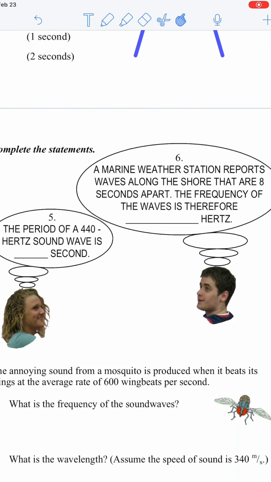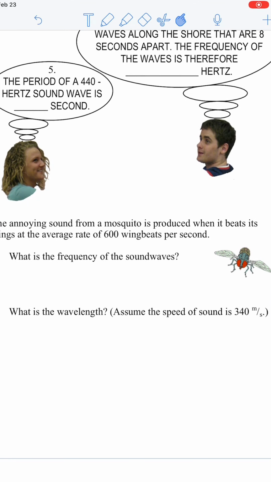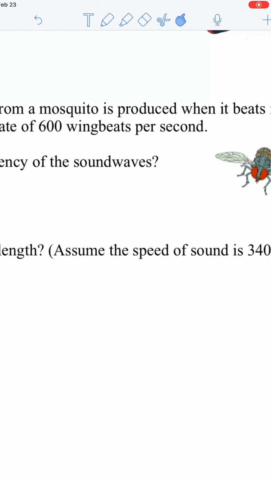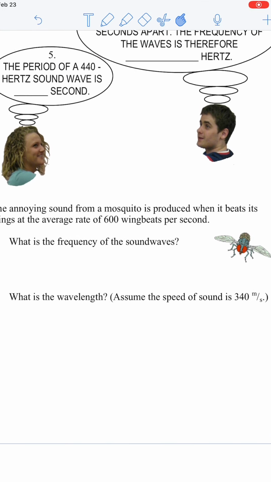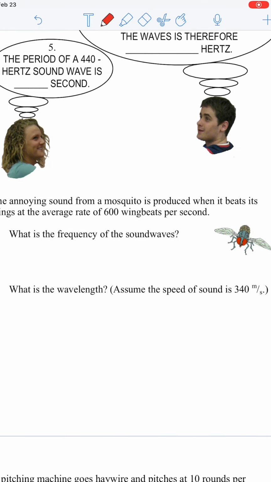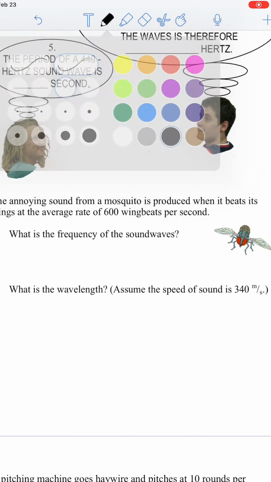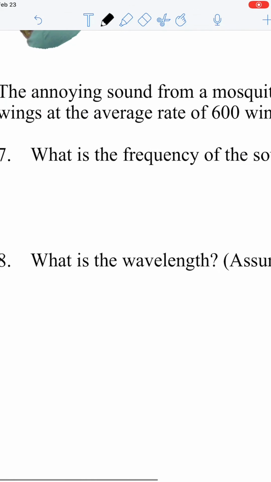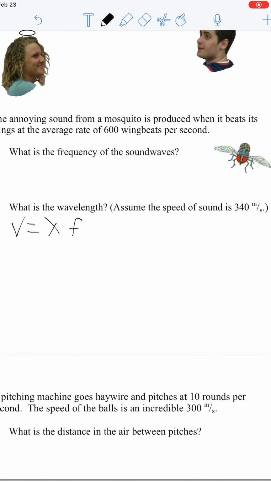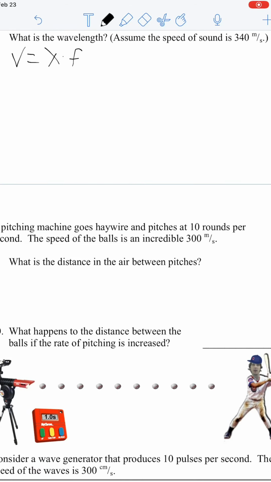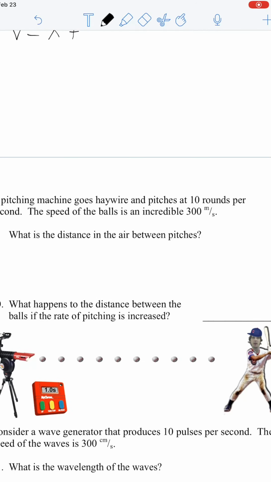So I'm just going to give you some hints wherever you see speed. So I see down here, assume the speed of sound is 340 meters per second. So question 8 is one place where you're going to use this. V is equal to wavelength times frequency. All right. There's a couple other spots in here where this is used too.